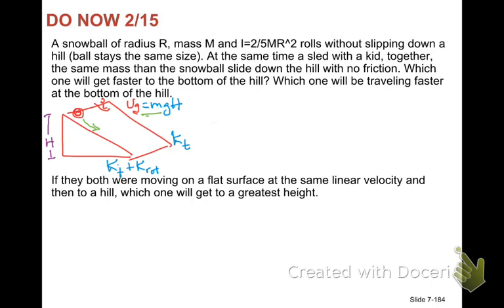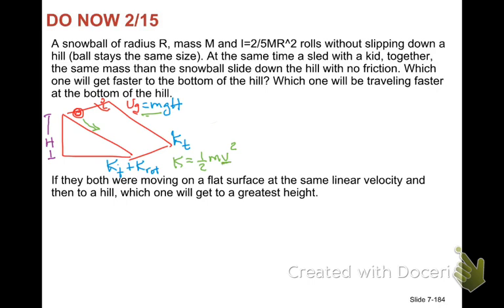Now, how do I know that these are the equations that I need to find the velocity? Well, if you remember, kinetic energy is 1/2 of the mass times the linear velocity squared. This velocity is the one that we need.